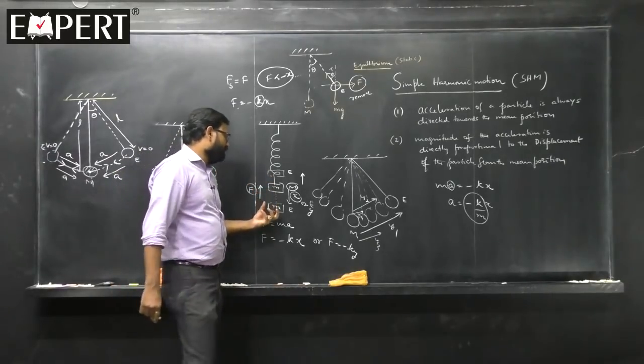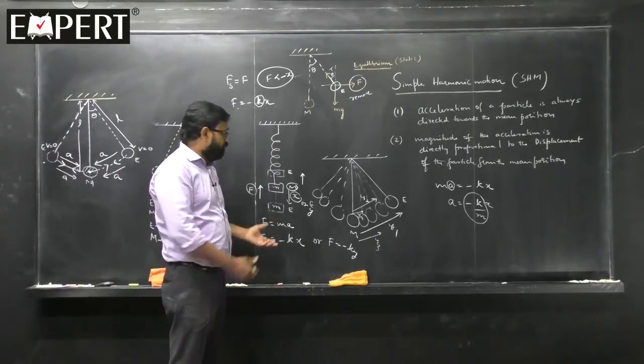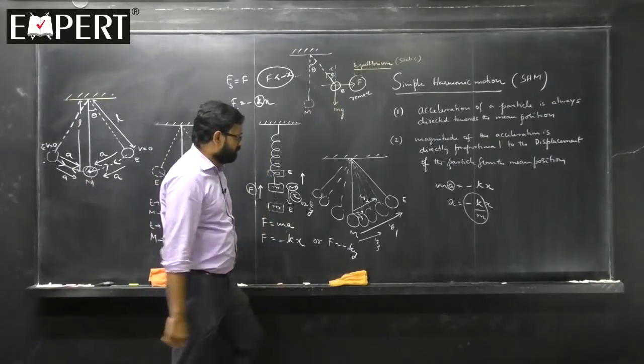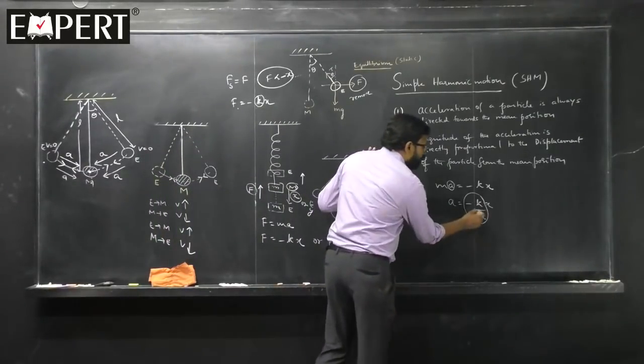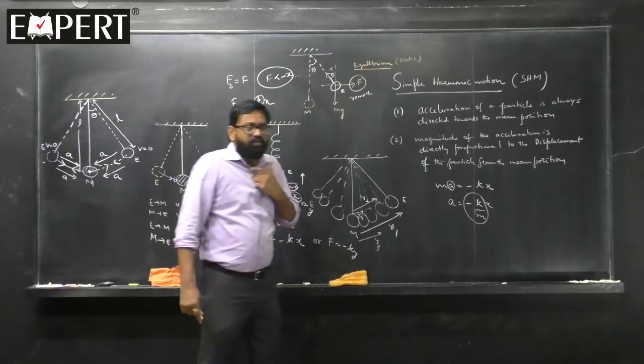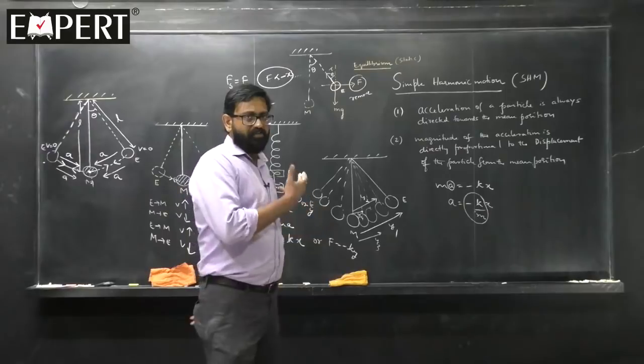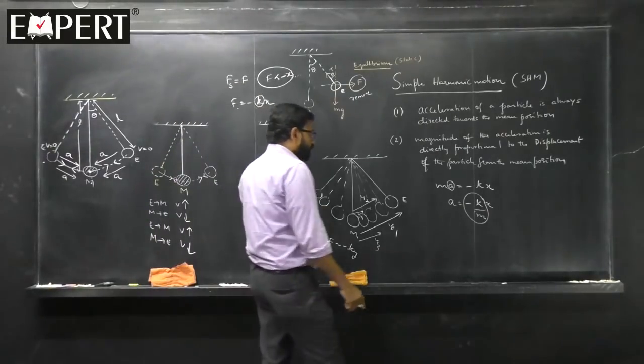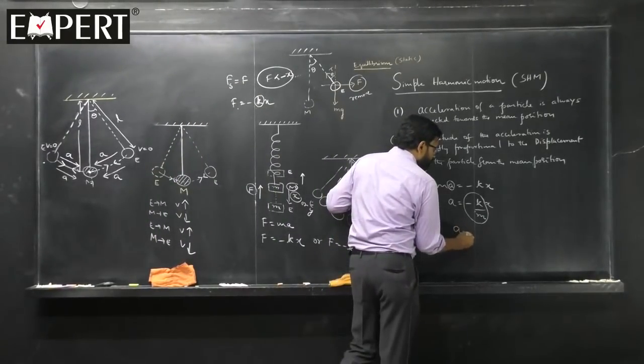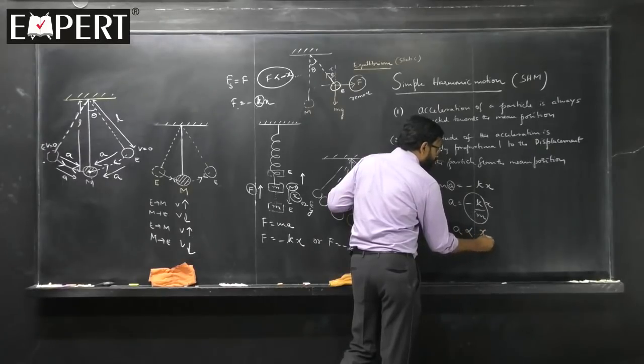I took the displacement as x, but if you compare this with the y axis, you could have taken it as y. Nothing wrong in that. Now coming back to this, don't you think that for a given spring k is a constant, the spring constant, and m, the mass which you attached, is a constant. What you find is a is directly proportional to x.